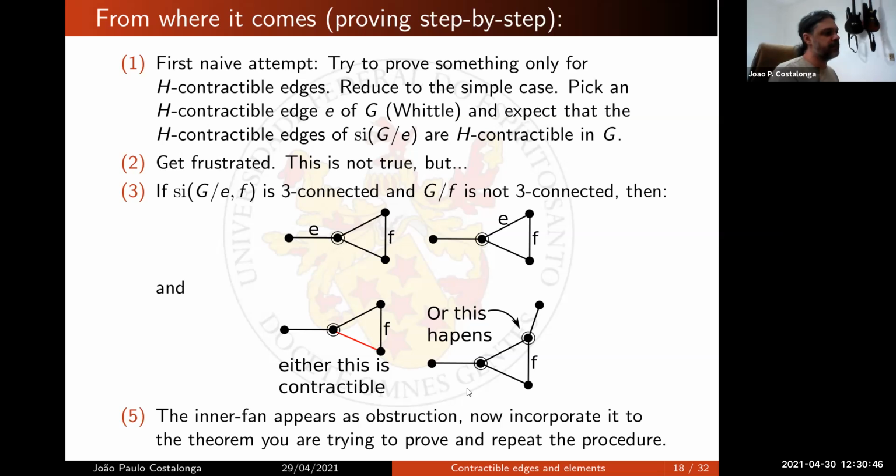The inner fan appears as an obstruction. Now, here's the different thing in this technique: when you find an obstruction, you don't stop and say this does not happen because of this. Well, let's try to carry on the obstruction. Incorporate the obstruction into the statement and repeat the procedure.